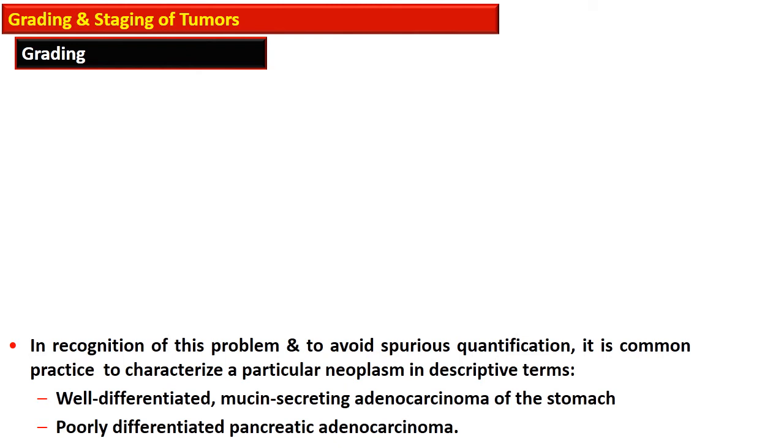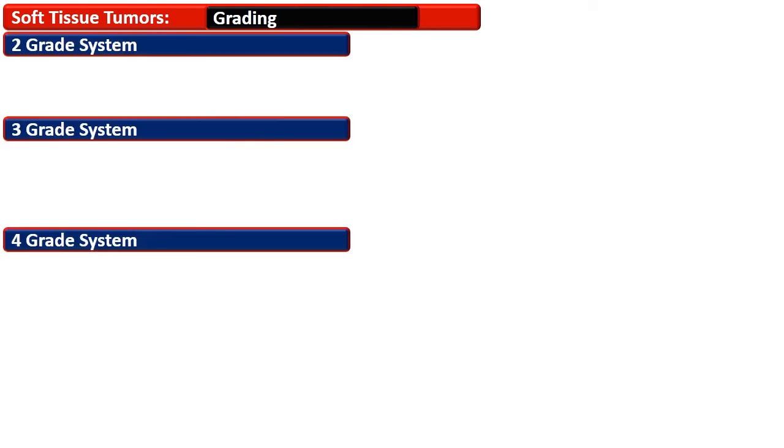Following is described the various grading schemes for the soft tissue tumors for the better understanding. Various grading systems have been used by the pathologists for the grading of soft tissue tumors. So the number may be different for various grading systems.